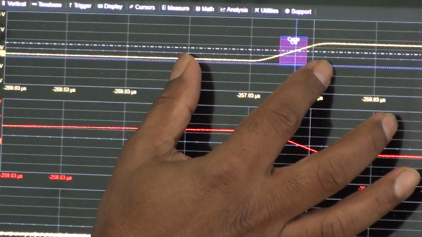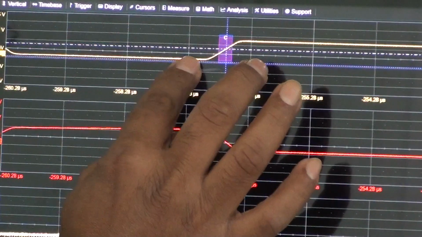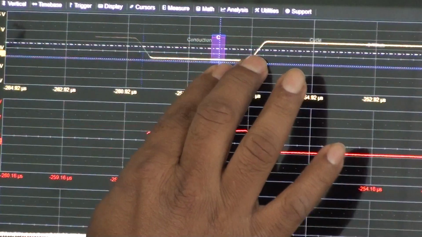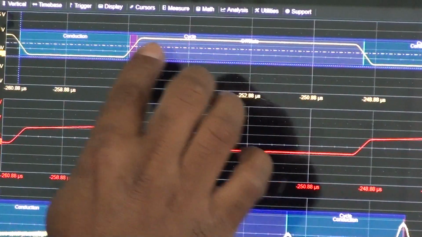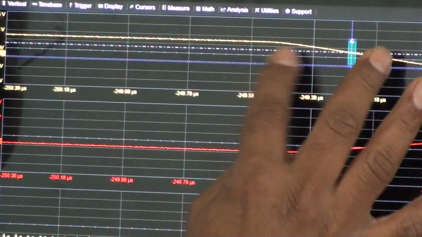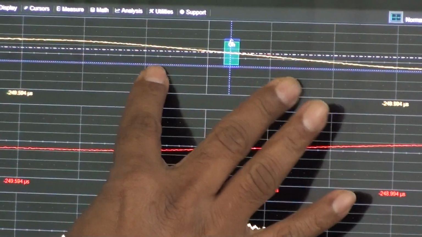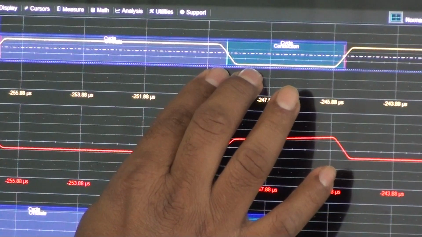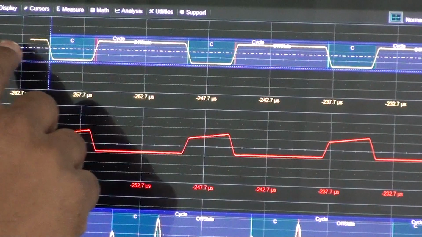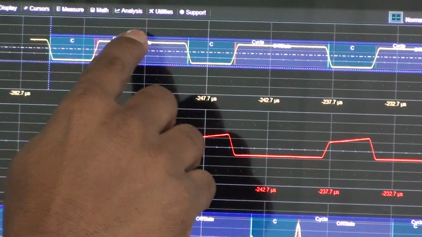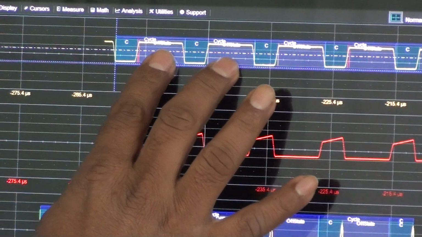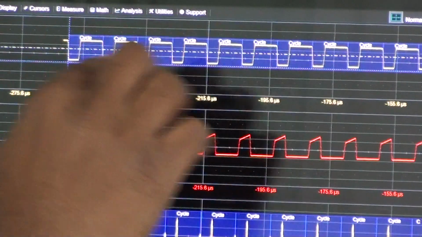So this is a conduction, and this is the off state, and this is the cycle off state, and this is the cycle on state, and here we have the cycle on state again, and then we have a conduction. So it's basically a roll off: conduction, off state, on state, conduction, off state, on state, conduction. That way you're looking at various power cycles.